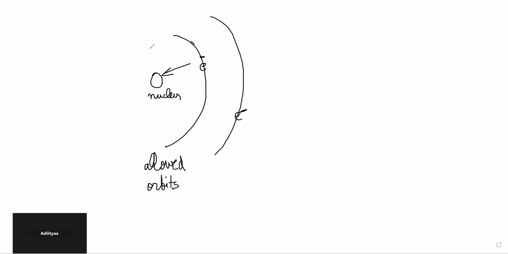Because of the Coulomb force of attraction. Let's say it is going at a speed of v and the radius of the orbit is r. Just like in physics, the centripetal force should be mv square by r. The centripetal force is the Coulomb force of attraction, correct?